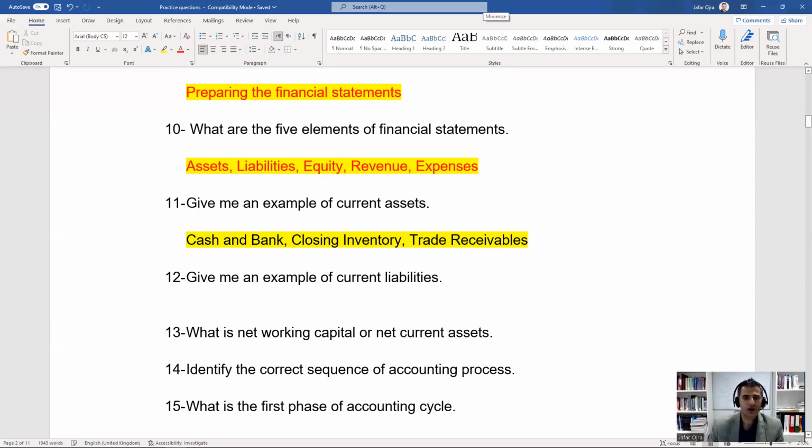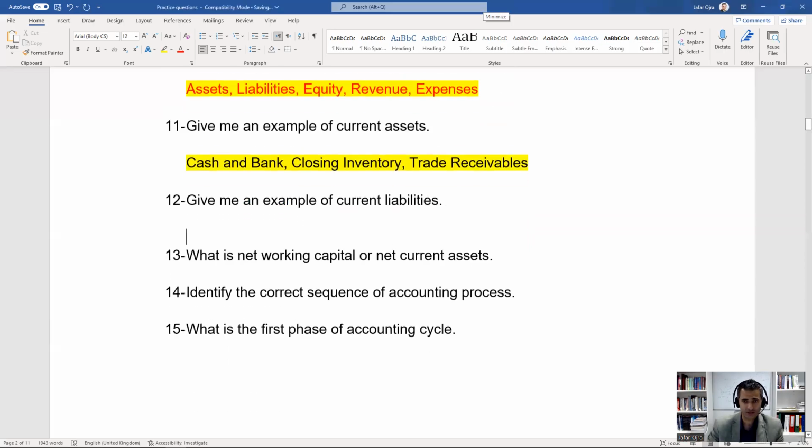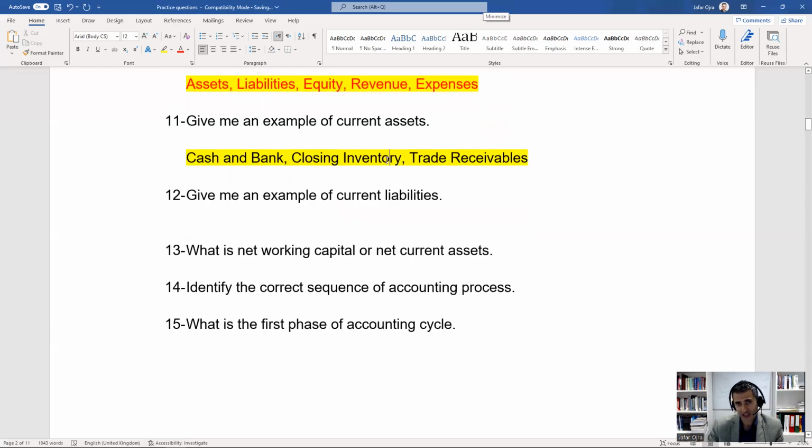Now, in terms of current liabilities, liabilities are divided into current liabilities, which are obligations on the business for less than 12 months, and non-current liabilities, which are obligations on the business for more than 12 months or 1 year.